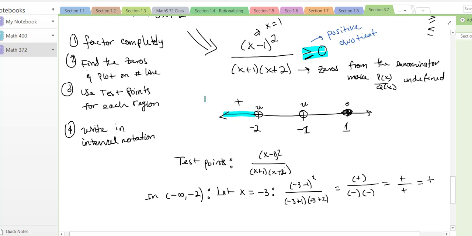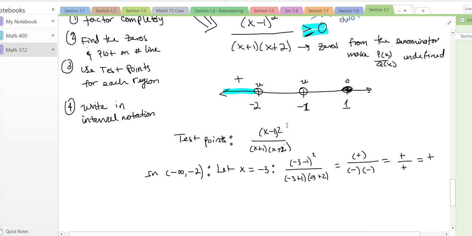So we shade here. Now we pick a representative between -2 and -1. In (-2, -1), notice I'm using parentheses because neither of those is included. The reason is that those came from the denominator, so they make the rational expression undefined.